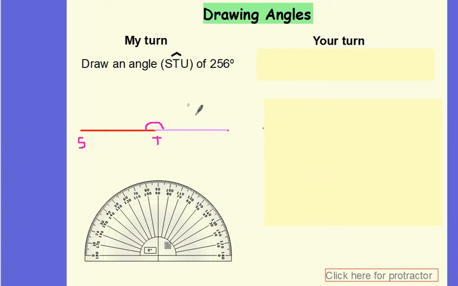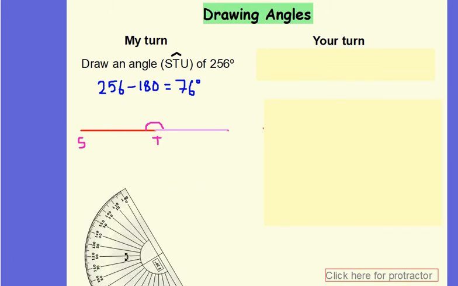To work that out, we need to do 256 take away 180, which gives me 76 degrees. So to get to 256, I need to move through 180 degrees plus an additional 76. Let's add on that additional 76 now.